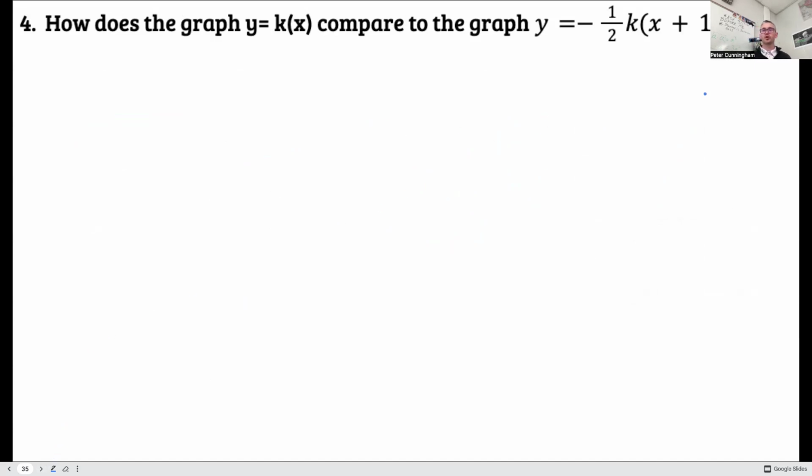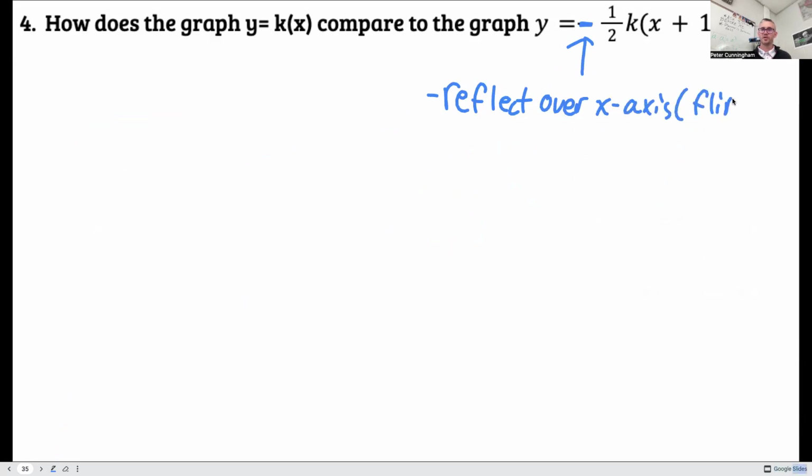All right, I would just say go transformation by transformation here. The negative is going to reflect us over the x-axis. Yeah, I'll get fancy here. This blue is reflecting over the x-axis.